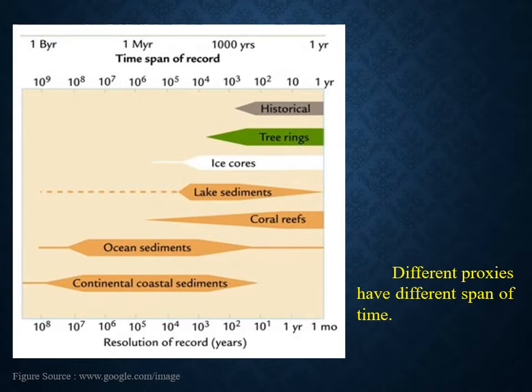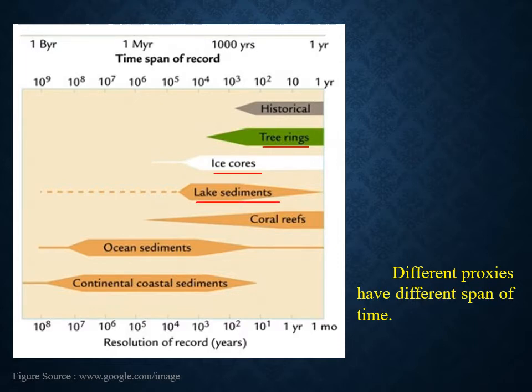Say for example, here you can see a graph where different proxies are drawn. You can see clearly that some proxies are very good for just the past hundreds or thousands or lakhs of years.